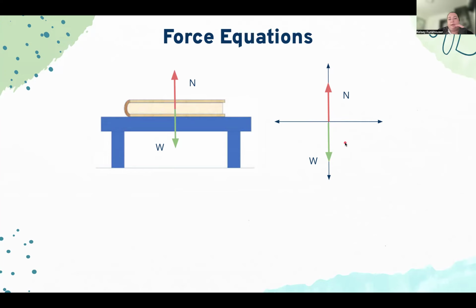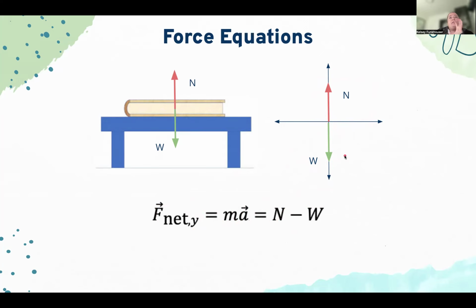to do with this information is we can generate equations, because we know that the net force is equal to the mass times the acceleration, and the net force is just the vector sum of forces. So the net force in y is the mass times the acceleration, and that's just the normal force, which is up, so it's positive, and minus the weight force, which is down, so it's negative.